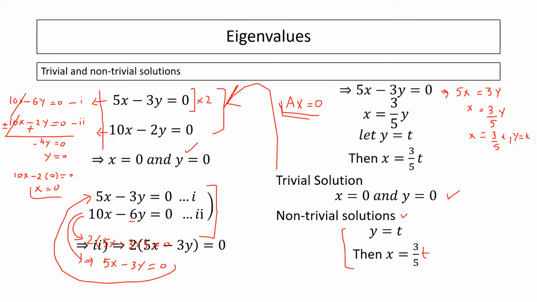Before this in matrices, Ax equals b, if you could remember, there were three types of solution. One was unique.